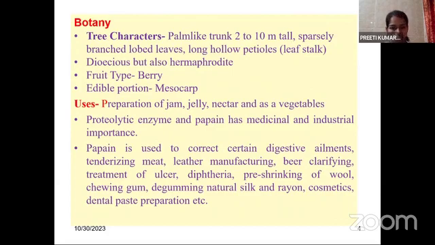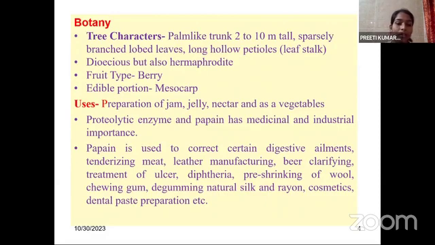Now the uses: papaya can be eaten, and used for preparation of jam, jellies, and nectar. Raw papaya is also consumed as a vegetable. The proteolytic enzyme papain has medical and industrial importance. Papain is used for medicines; for example, when people are suffering from dengue, it is good for them to have papaya.